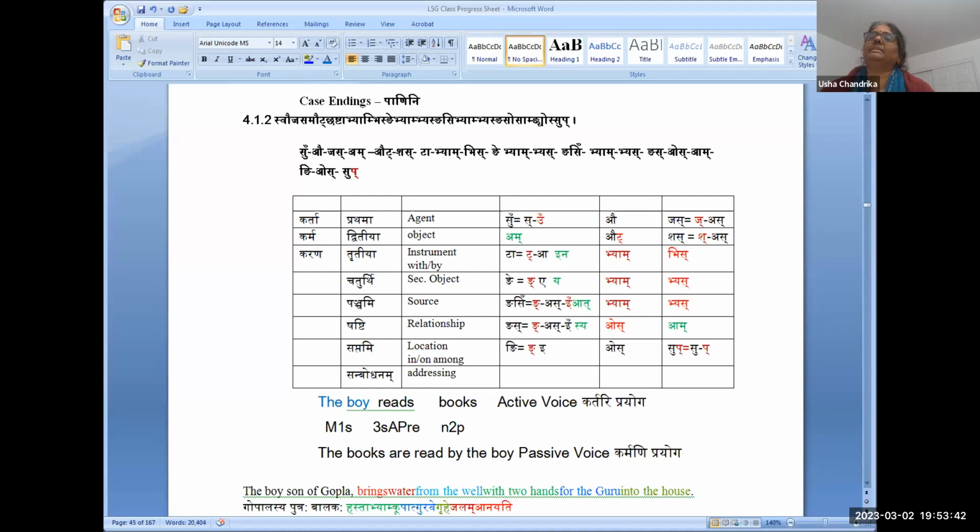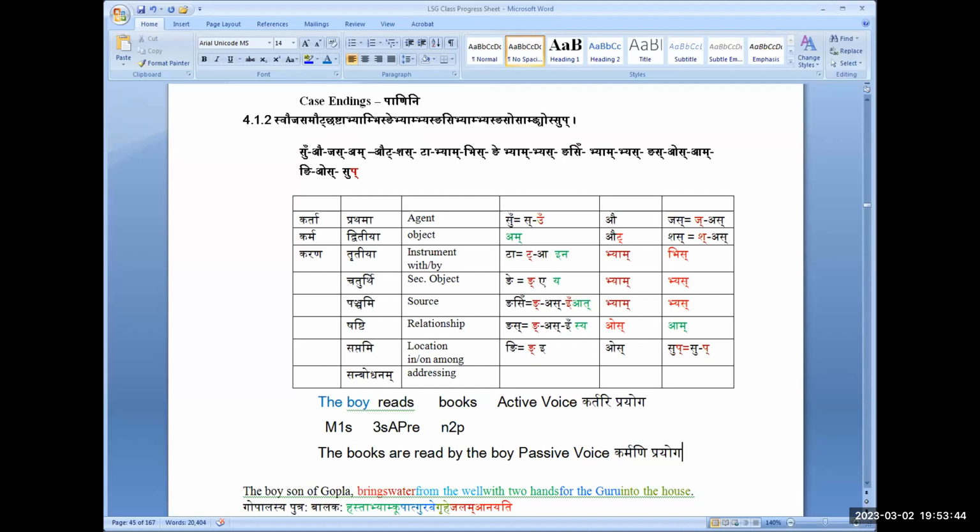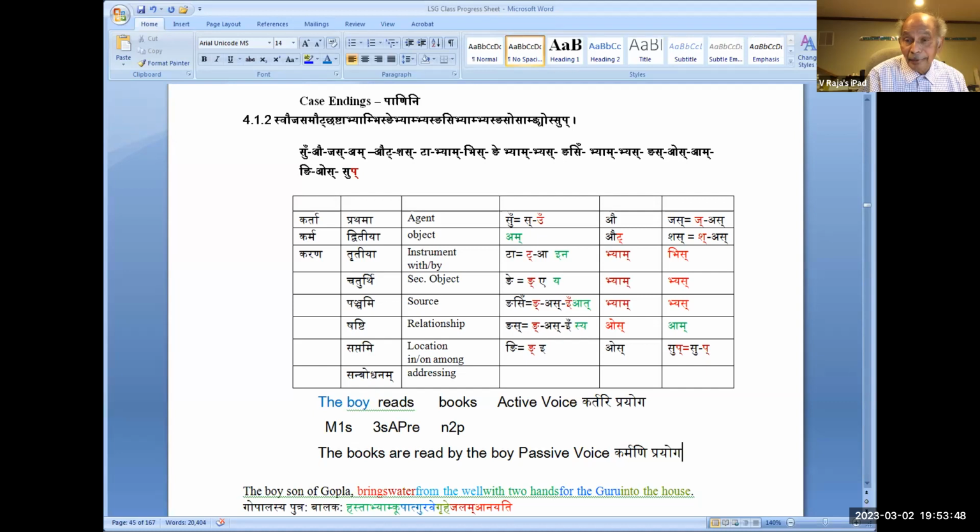Books, karma. Karma means object. Irrespective of that, in an active voice, the object comes in dvitiya vibhakti. Subject comes in pradhama vibhakti.